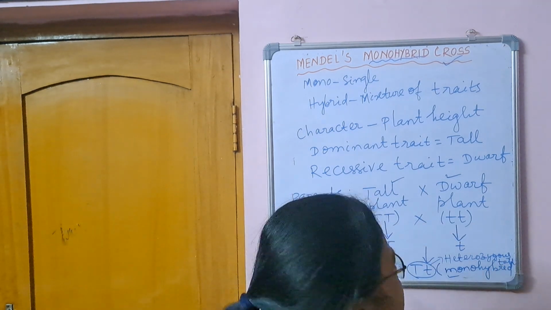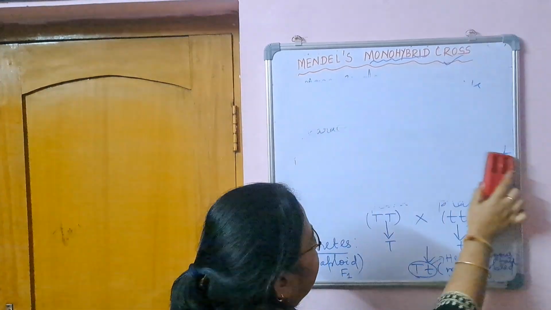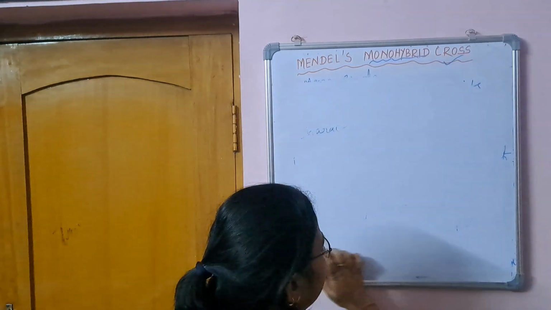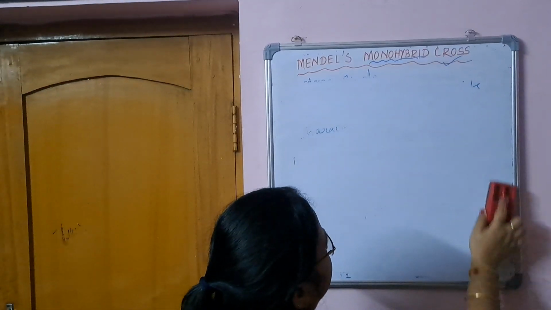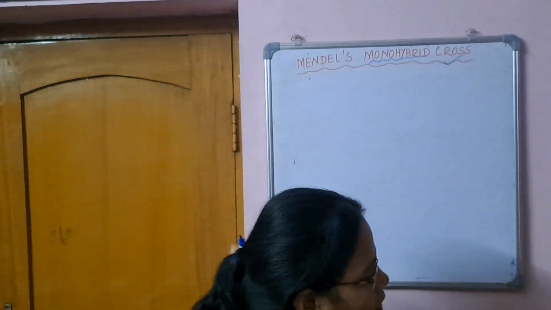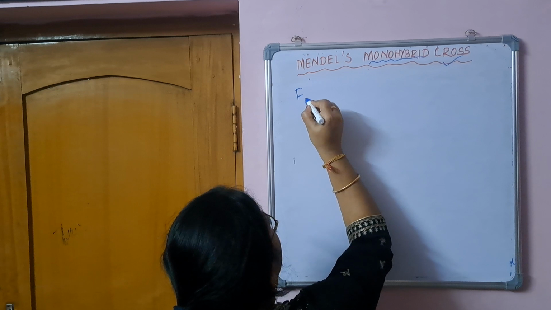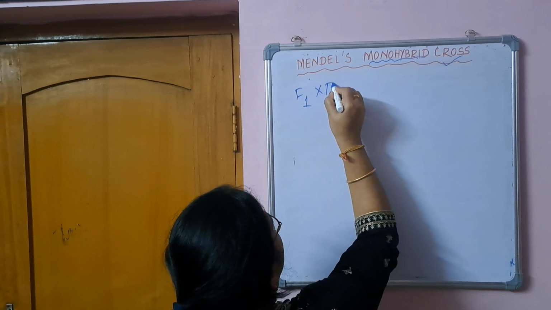Now let us do selfing of F1. Whenever we do selfing of F1, we take the combination of capital T small t crossed with capital T small t. I am writing here F1 crossed with F1.